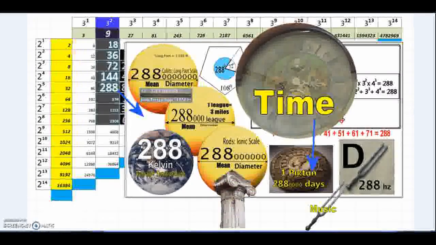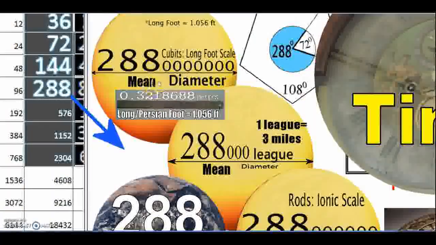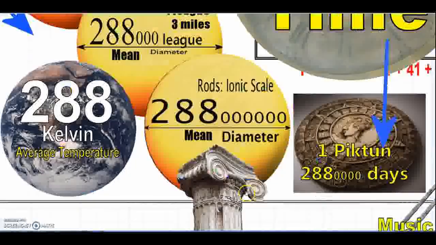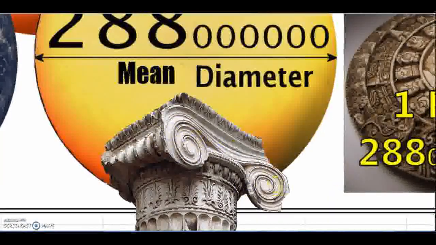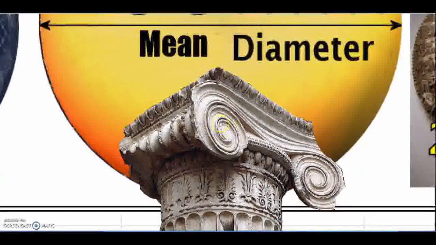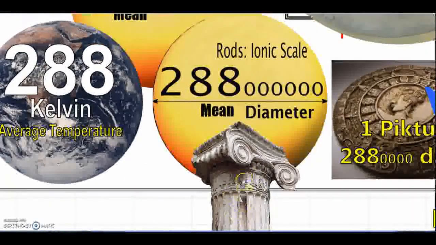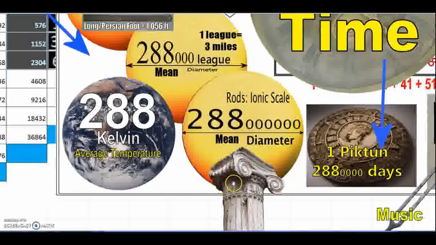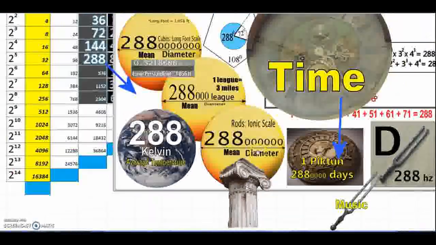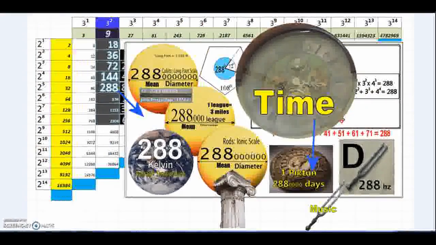But what we have is the Persian, the league or 3 miles, and the Ionic scale is in the Ionic column. As I've said in earlier videos, in musical scales there's the Ionian, the measure system of Ionic, and also the architectural school of the Ionic, and also the 3 columns, Doric, Ionic, and Corinthian, most famously depicted on Freemason tracing boards.